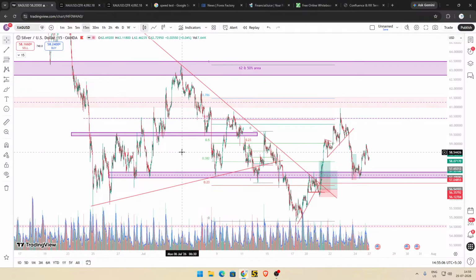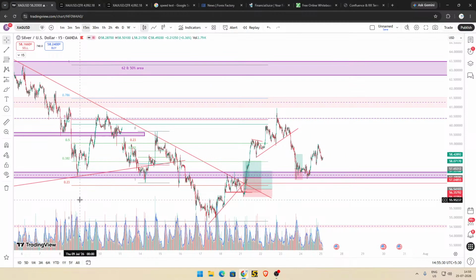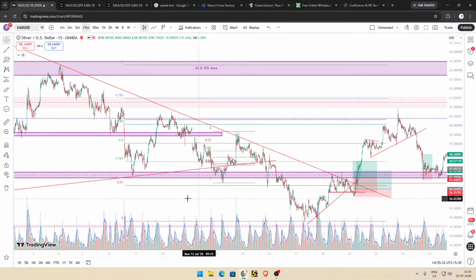So setups are there, you just need to have the eyes to see the setup. And this one was also a setup: you took at this area, then immediately you sold because it was not forming properly, and then again you took. You have no logic for what you are doing.